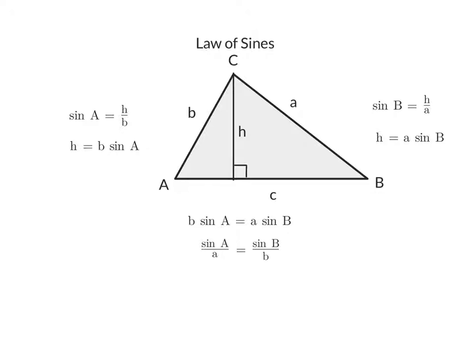So the complete law of sines will now read: sine of capital A over little a is equal to the sine of capital B over little b is equal to the sine of capital C over little c.